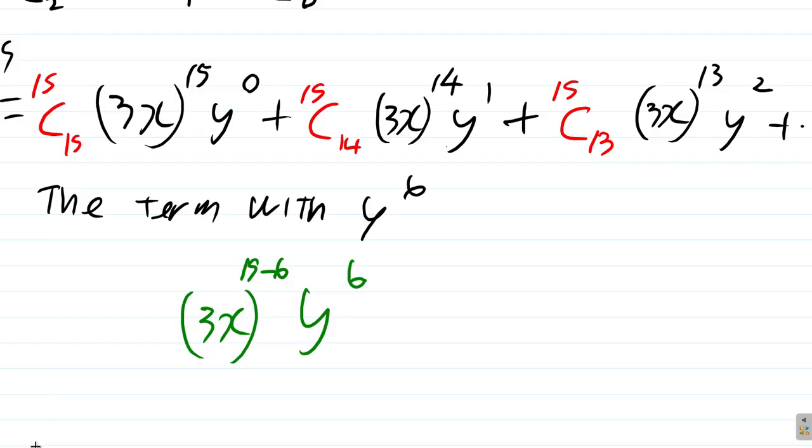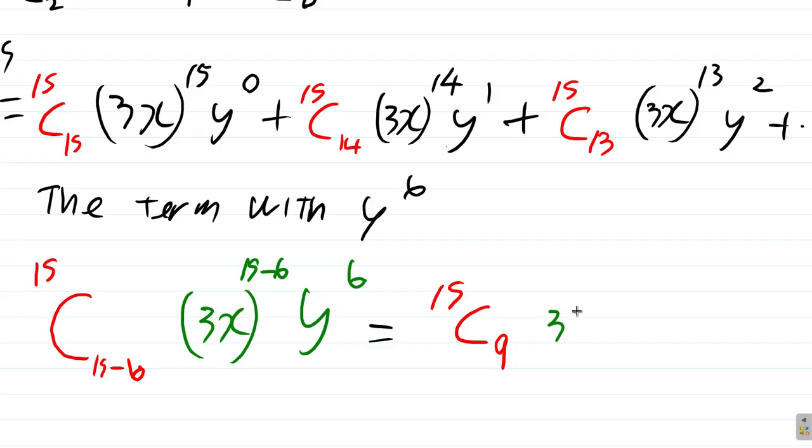Now what will be the coefficient? Again, we have 15 items arranging. Now, how many 3x's do we have? It's 15 minus 6. You see that? So, basically, this will be equal to 15C9 (3x) to the power of 9, y to the power of 6.